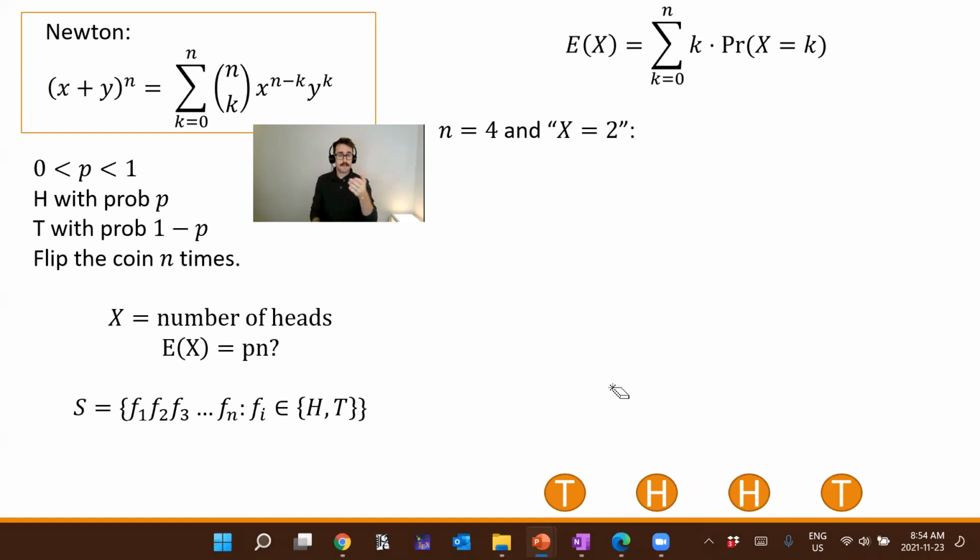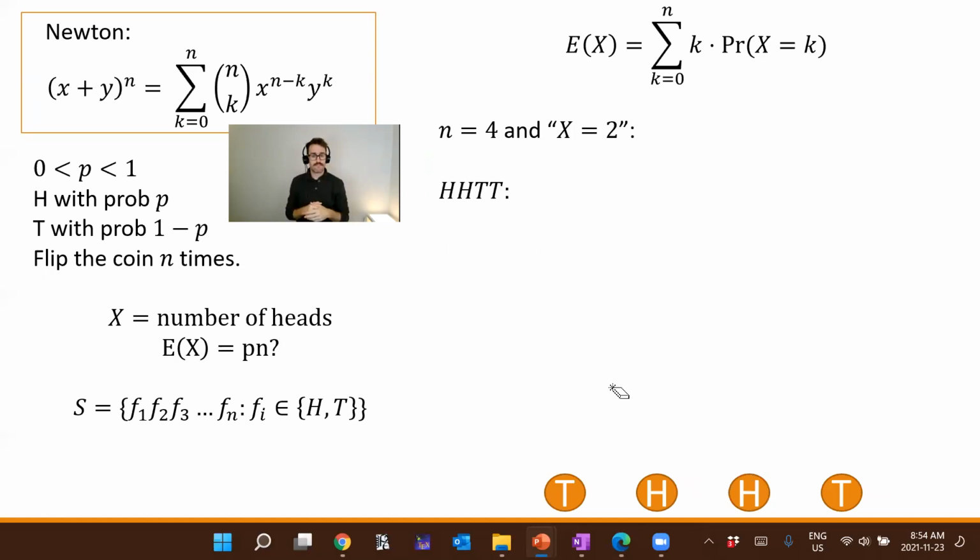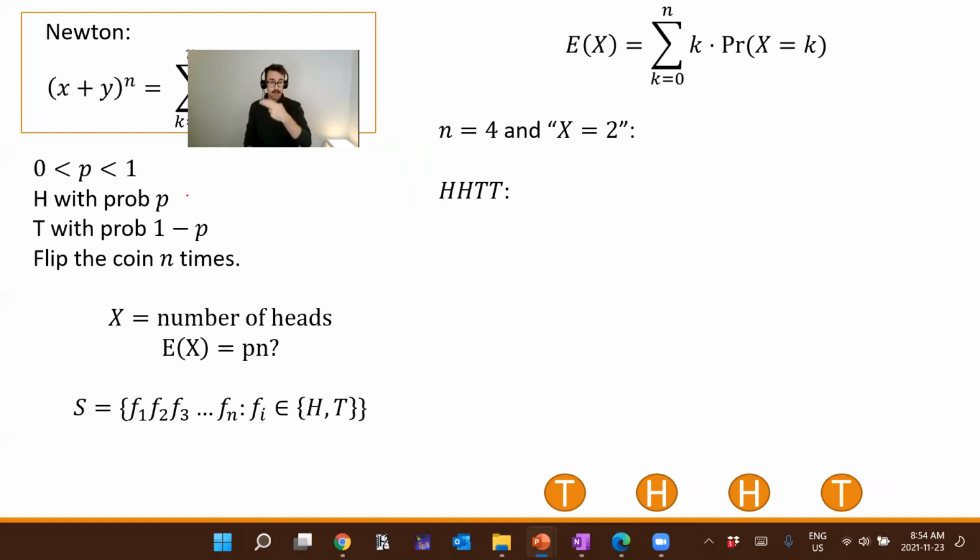So let's take heads, heads, tails, tails. Before, when we computed that, we had p equal to 1/2 and 1 minus p also equal to 1/2. But now heads has a different probability than tails. These are independent coin flips, as coin flips should be.